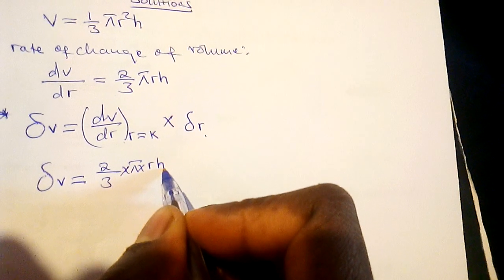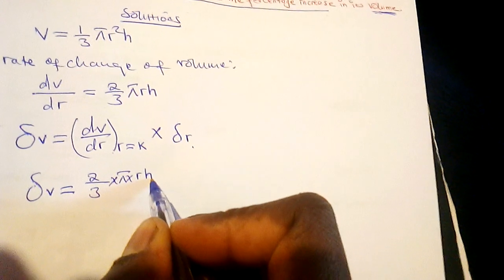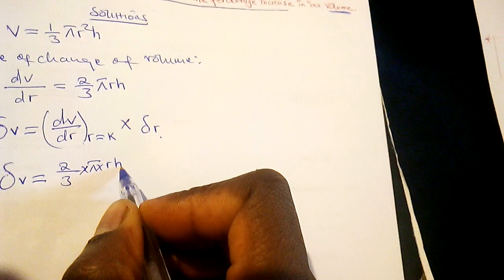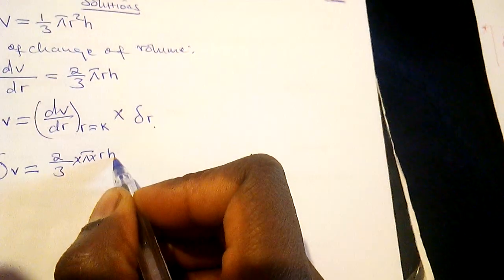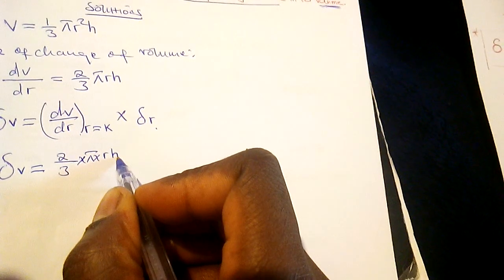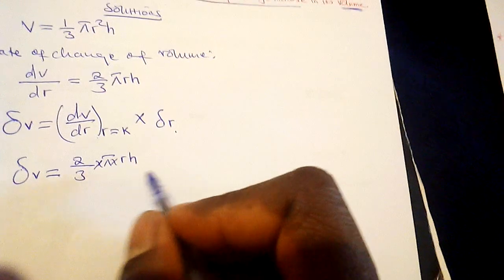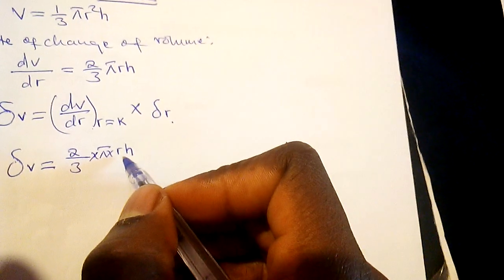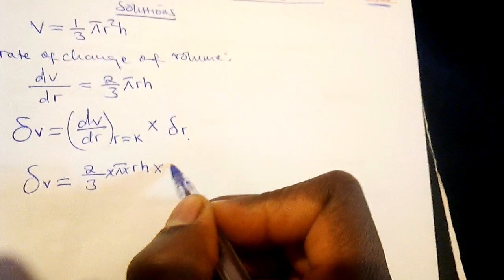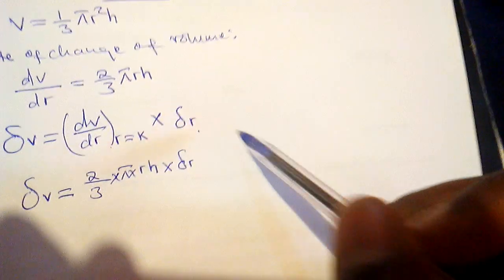Take note. That's what we're going to do here. And of course, here r is actually the constant. So we're also going to multiply here times change in r. Now, what is change in r?